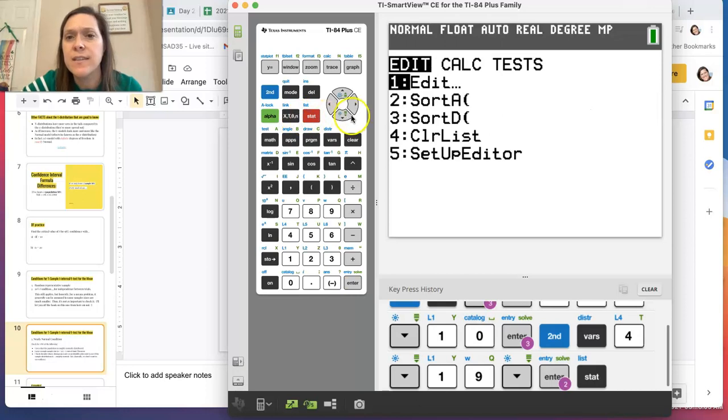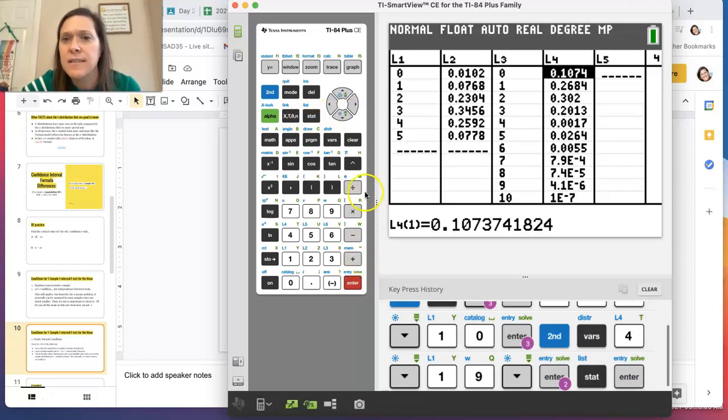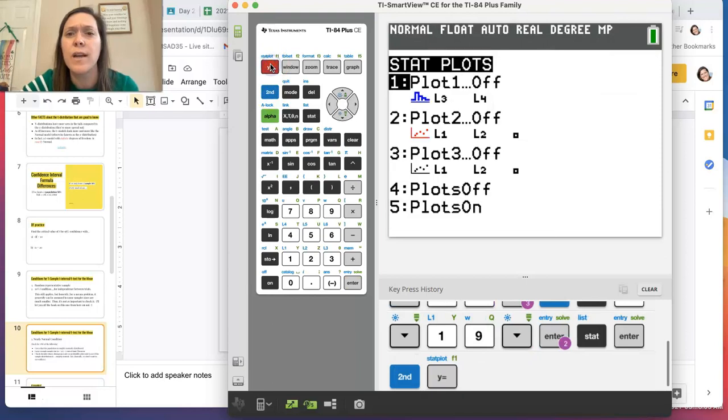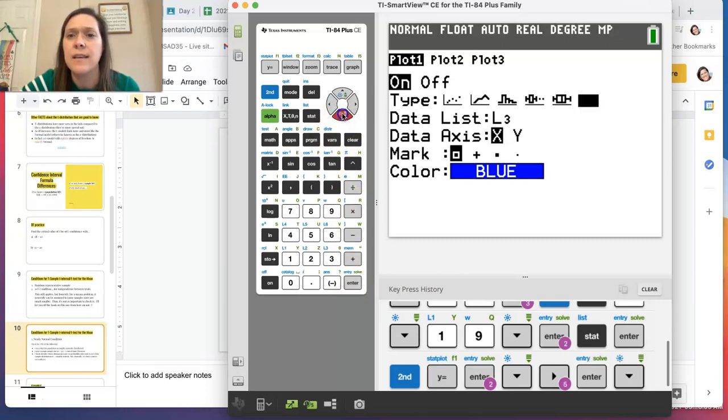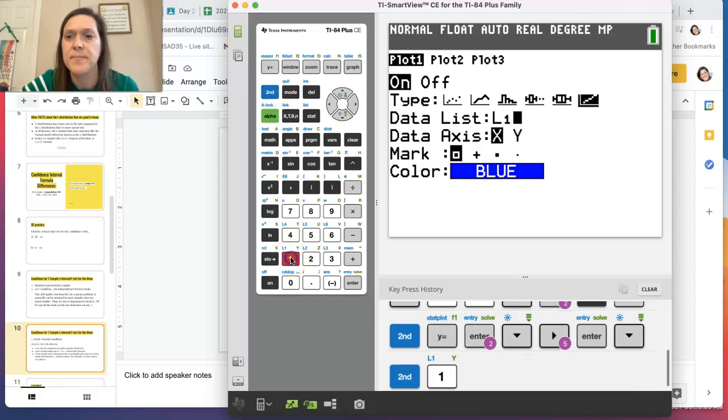Do I have a list in here in my stats? Yeah, they're pretty ugly, but we'll go with it. If you go to second y equals for your stat plot, and you go in there, your probability plot is that last one over there. It looks like a line. And then you would pick a list. We'll go L1.